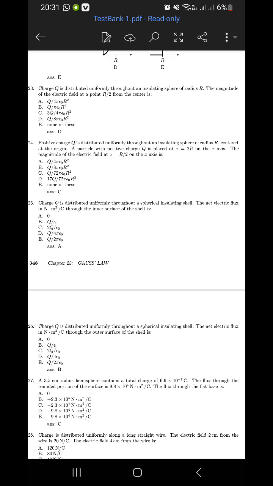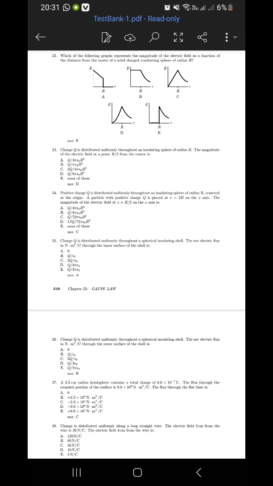A particle with positive charge q is placed at x equals 2r on the x-axis. The magnitude of the electric field at x equals r over 2 on the x-axis is D. I'm going to say Q over 8 pi epsilon-naught r squared.